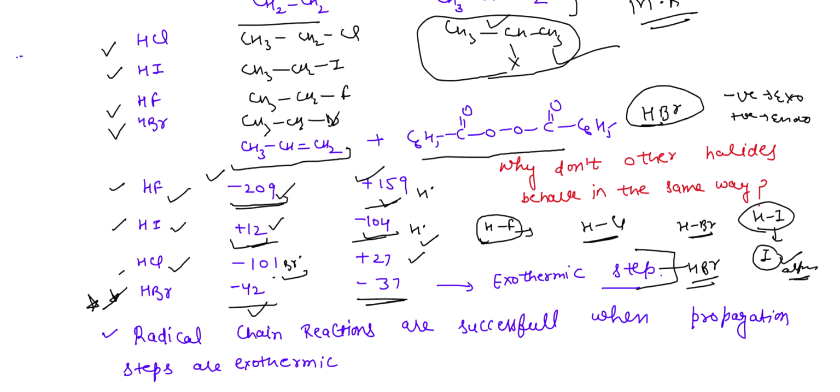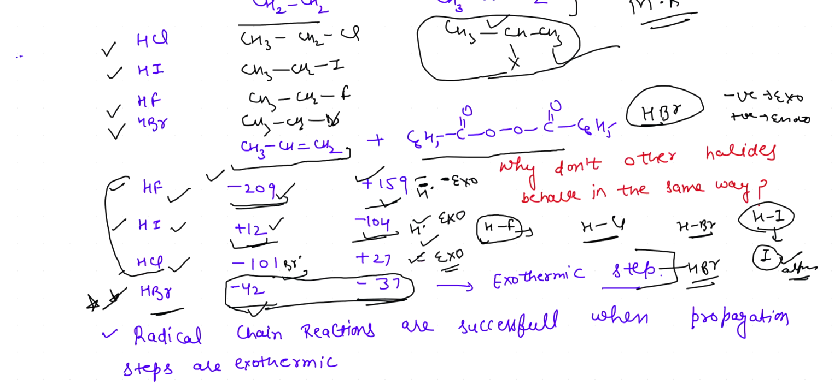But in case of HBr, both the steps are exothermic. When you look at the overall sum of these two energy steps, you will get the result in case of exo. This is also exo, and this is also exo. Clear?